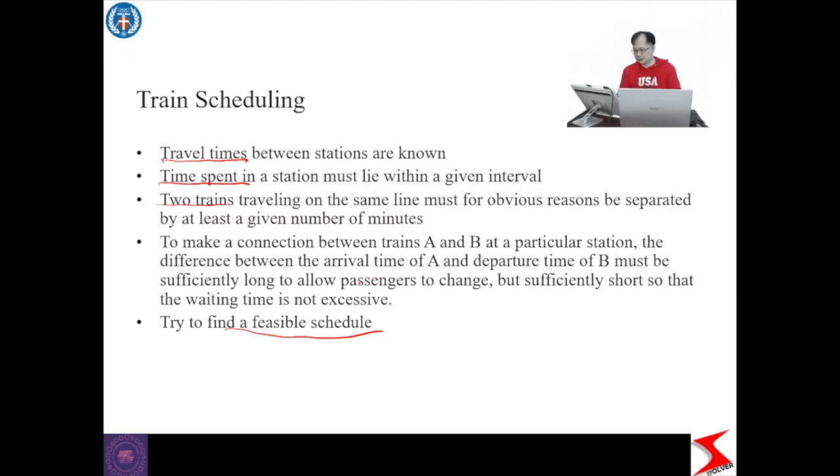Also, the departure and arrival times for two trains connecting with each other must have some gap between them so that passengers have time to get on the train and not wait too long. This kind of number we call a parameter, which will influence the feasible schedule, right?